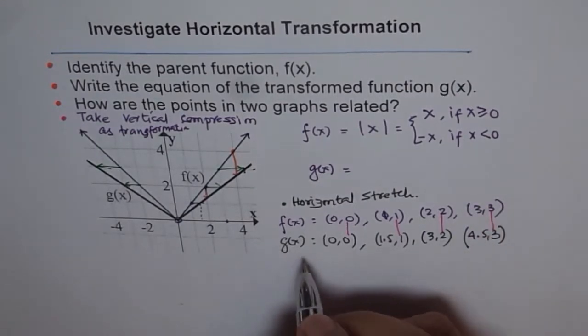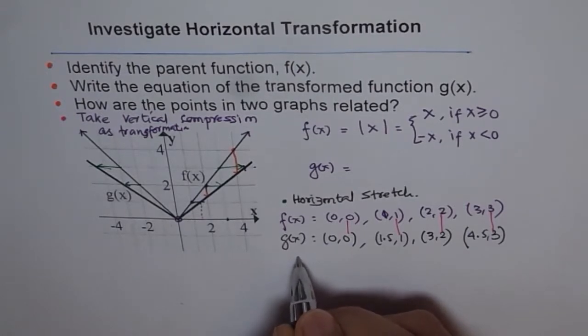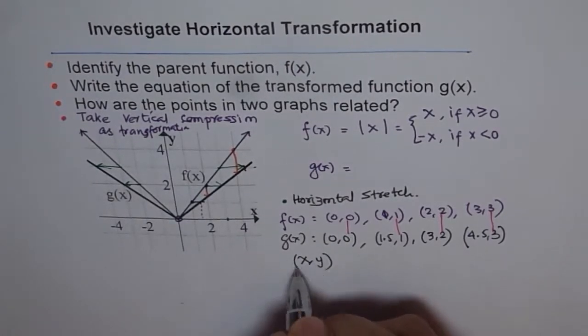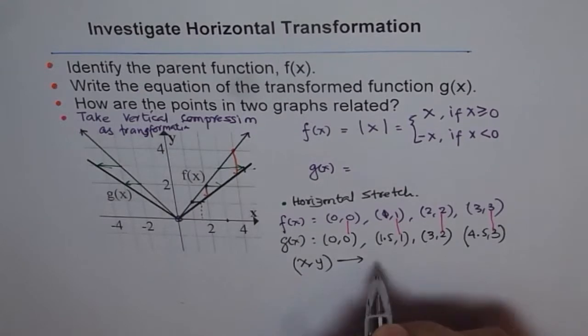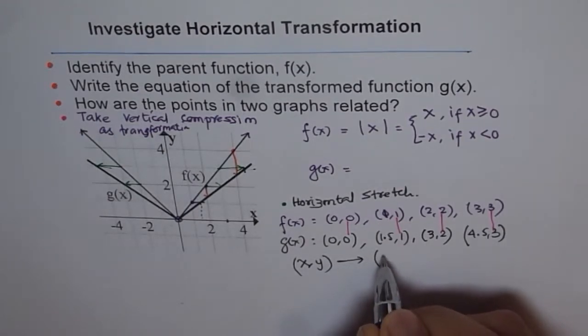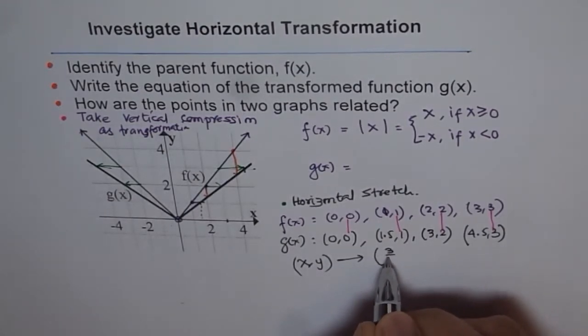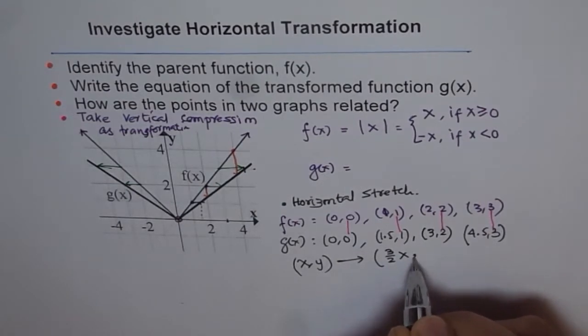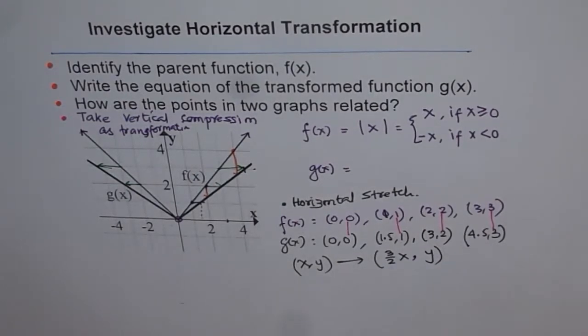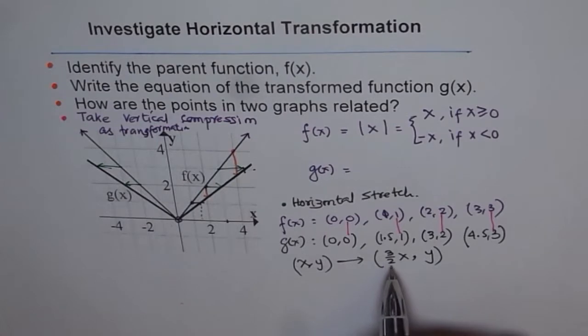What we notice is that if I have a coordinate point (x, y) on f of x, then it changes to (1.5x, y), or 3 over 2 times x, y. So the k value is 2 over 3, right? We have to flip it and then write for g of x.